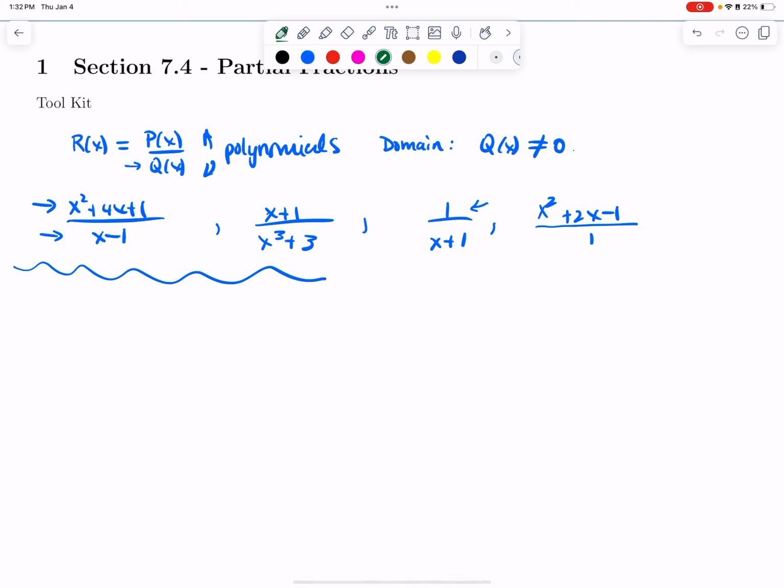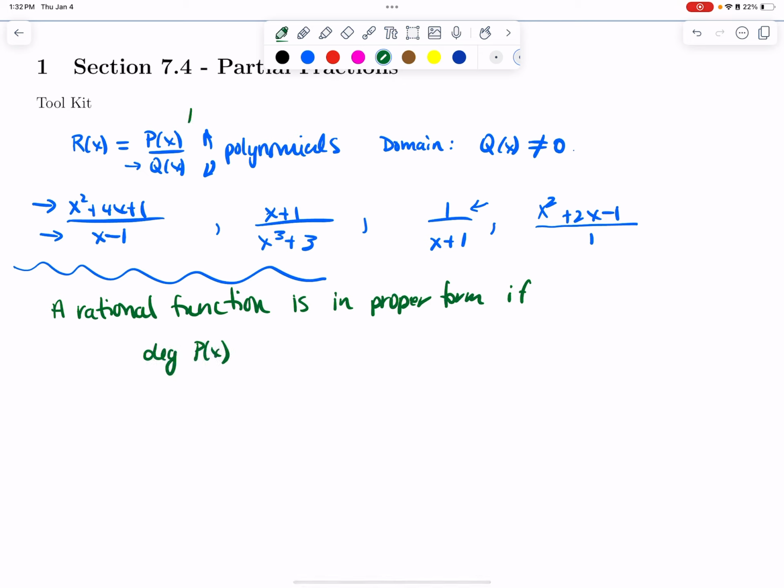Okay, we're going to say a rational function, for our purposes here, is in proper form if the degree of p of x, which is our top, q of x being our bottom, is strictly less than the degree on the bottom. Then we will say that our rational function is in proper form.